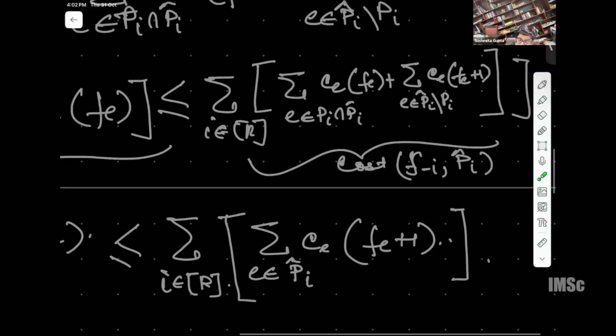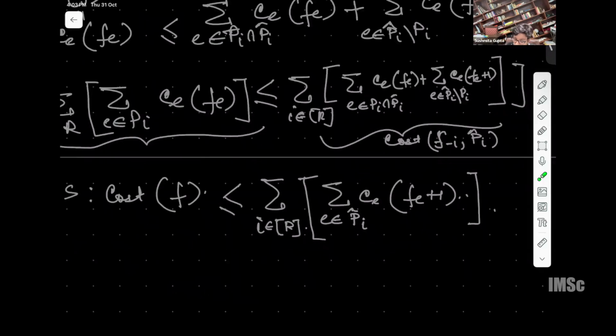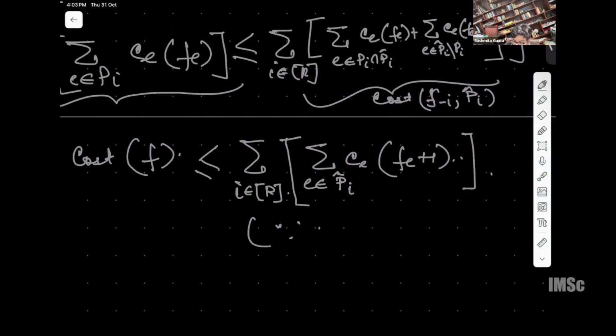See over here, we have a summation which is additive over two terms. One is those edges which are in the intersection of pi and pi hat, right? And this is pi hat minus pi. Either way, both these terms correspond to edges that are in pi hat. Now this value is no bigger than this kind of a value, because c_e is a non-decreasing function, right? So I'm just going to write because c_e is non-decreasing.